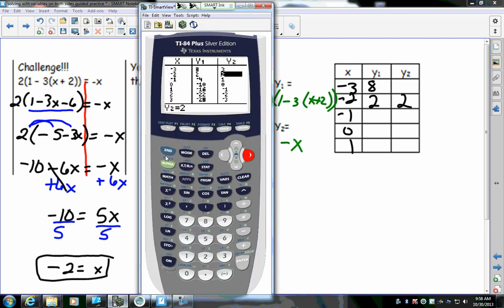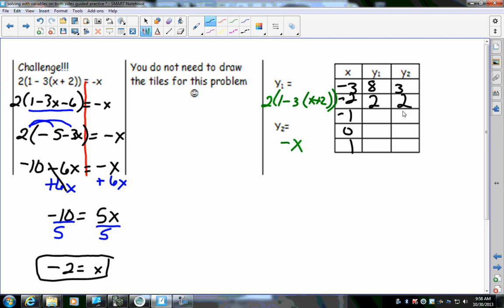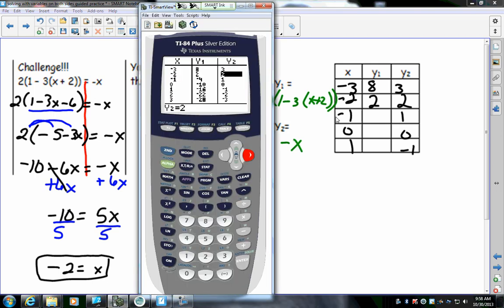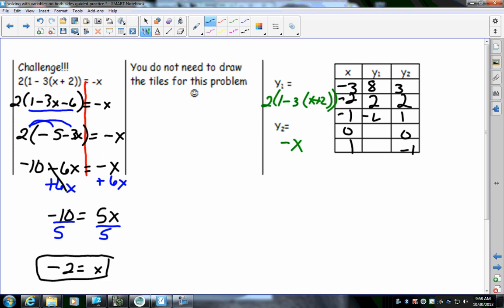Filling in your table. 3, 2. And then circling where y1 and y2 are the same.